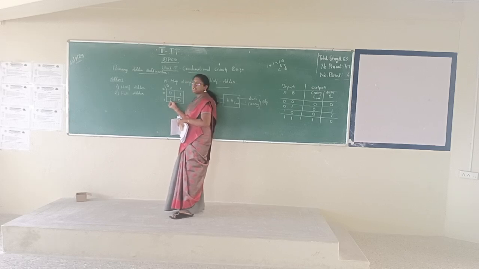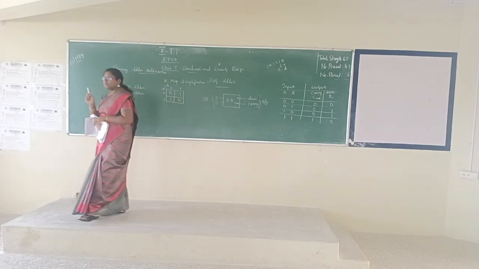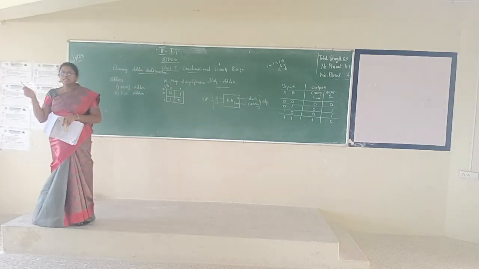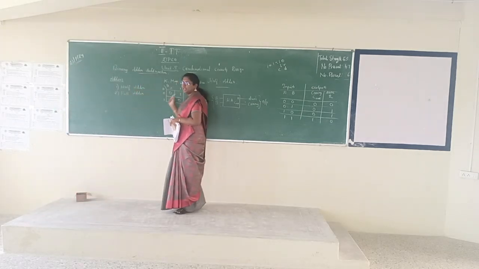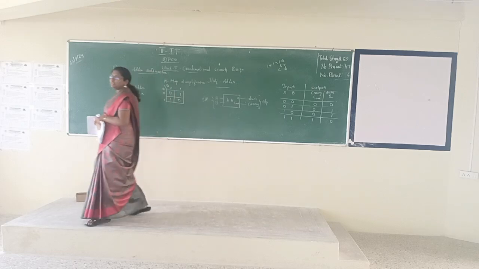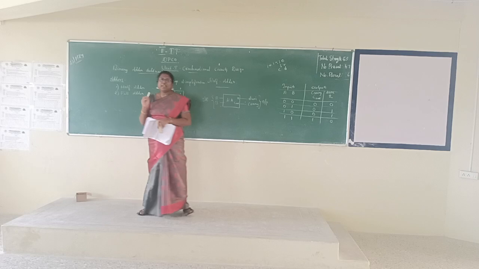Adjacent means nearby cells. You have to check whether you have a one in the adjacent cells. Here there is a one, but it is diagonal. So is diagonal grouping allowed in KMAP? No. Diagonal grouping is illegal. So keep that in mind.